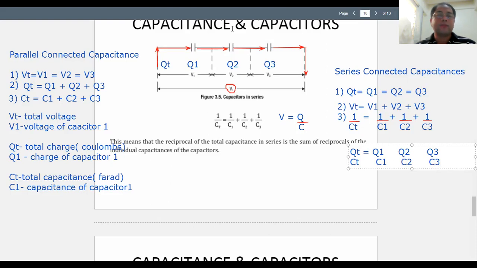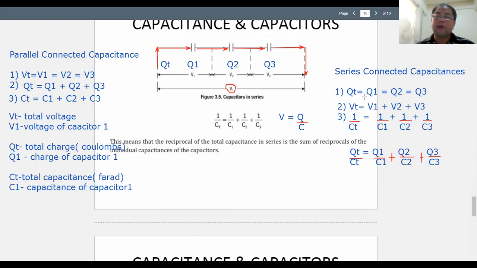So again, if all of these are being divided, it equals our total voltage VT: this is V1, the Q1 over C1. The Q2 over C2 is our V2. And voltage 3 is Q3 over C3. And then we have to put a sum here.